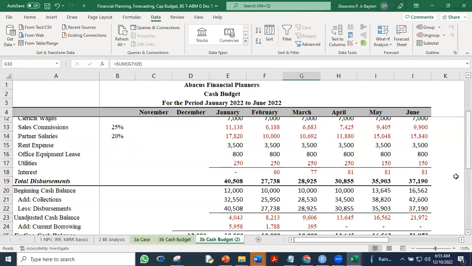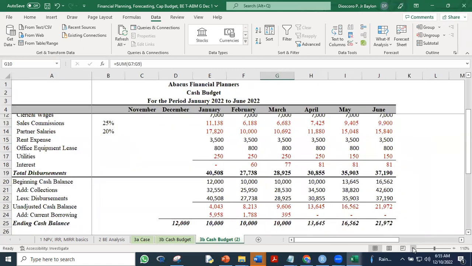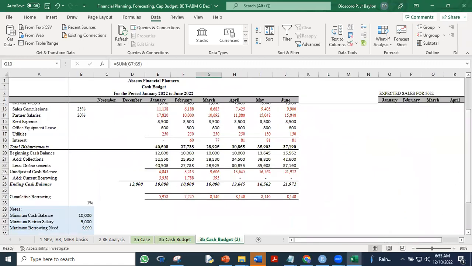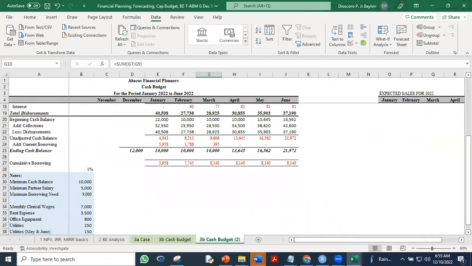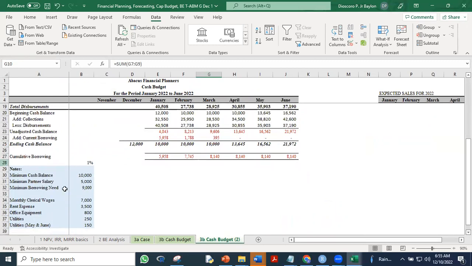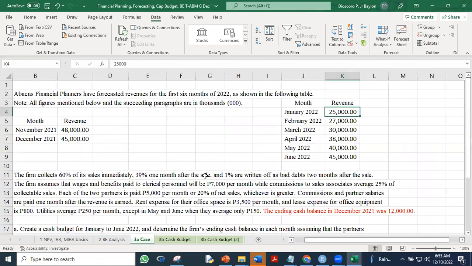So also, I wrote here some of the details given in the problem. We have here a minimum cash balance of 10,000. Partner salary is 5% or either 1% also. We're told that partner salary is either, where is that?